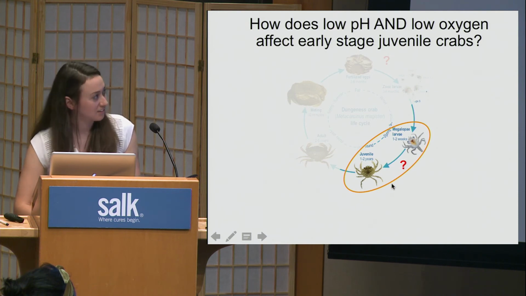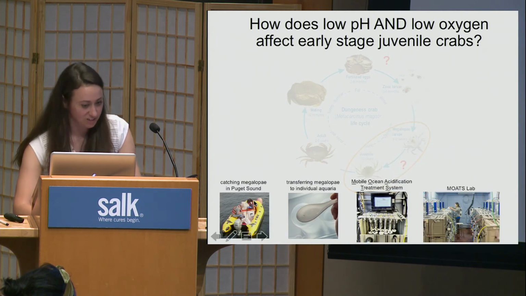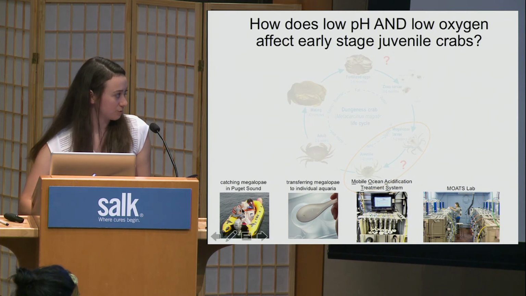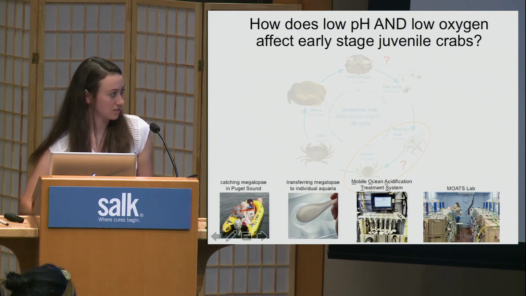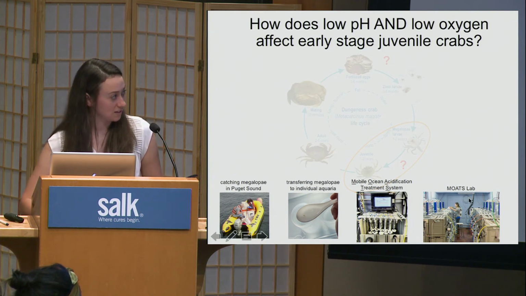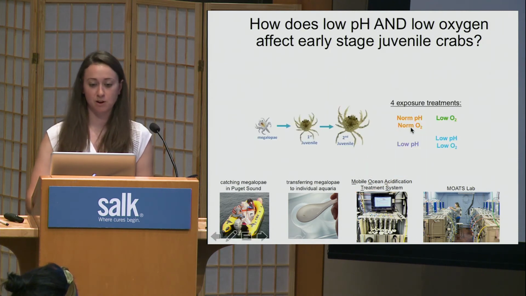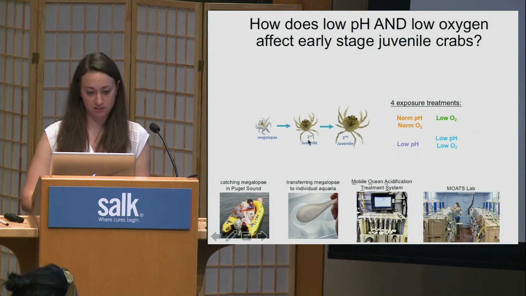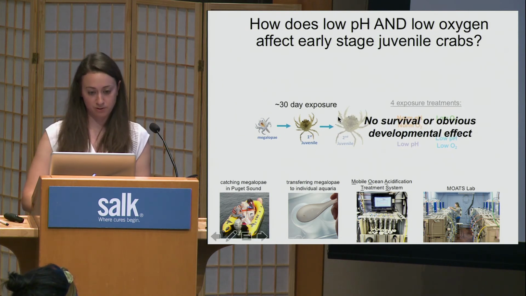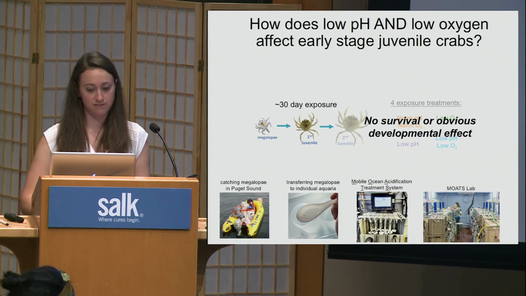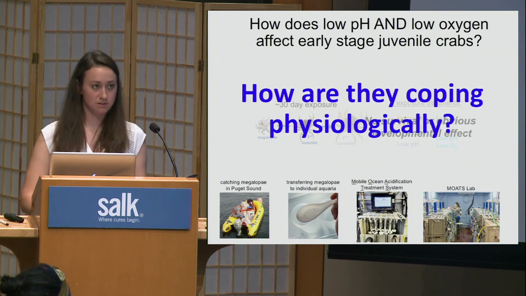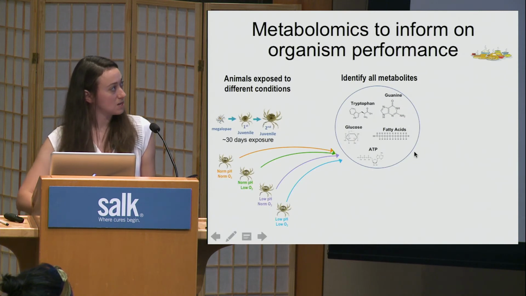And here, what they did was collect crabs from Puget Sound, put them into these aquarium jars, and put them onto this mobile ocean acidification treatment system, and then rear them in these different conditions: normal pH, normal oxygen; low pH; and low pH, low oxygen. They did this experiment over 30 days, and they saw no survival or obvious developmental effects. So how are the crabs coping physiologically?